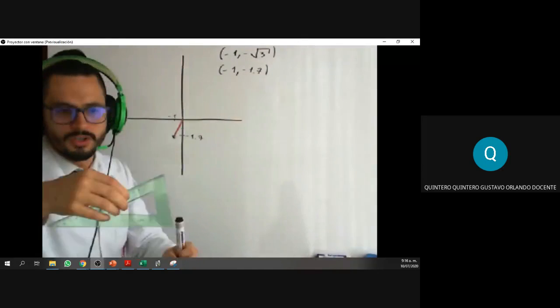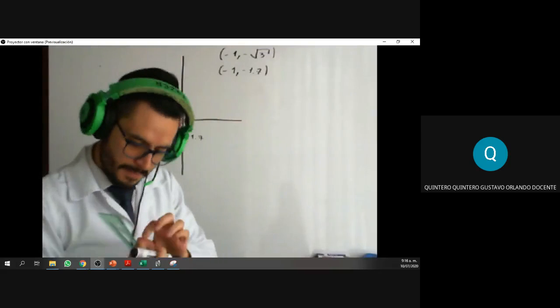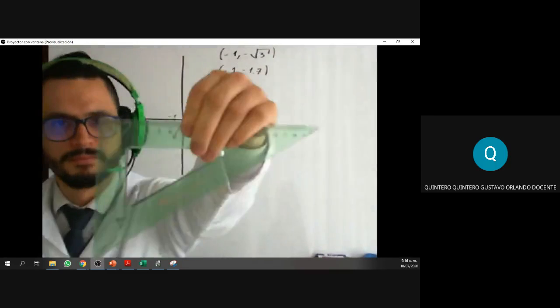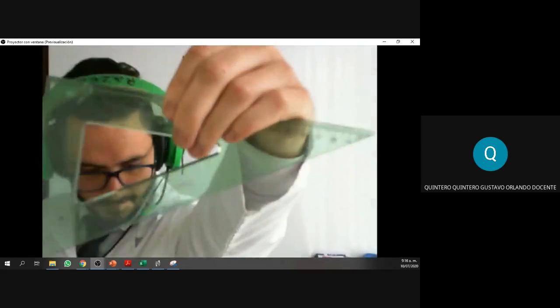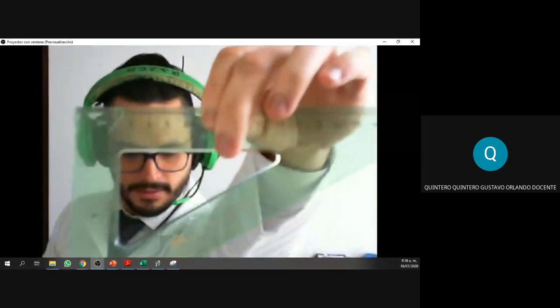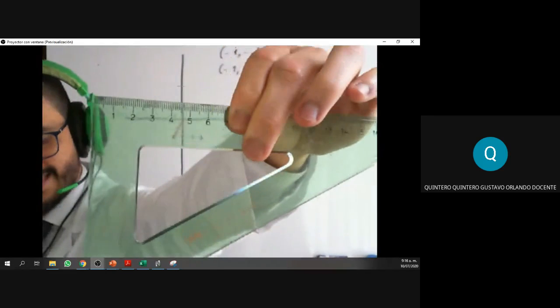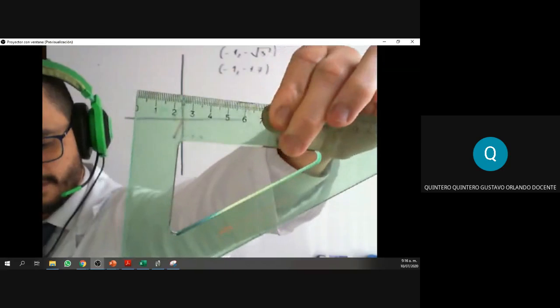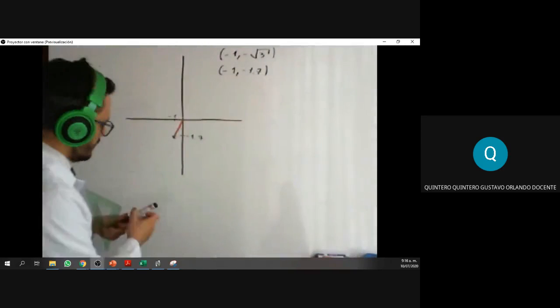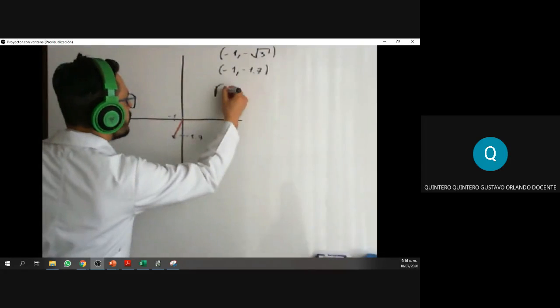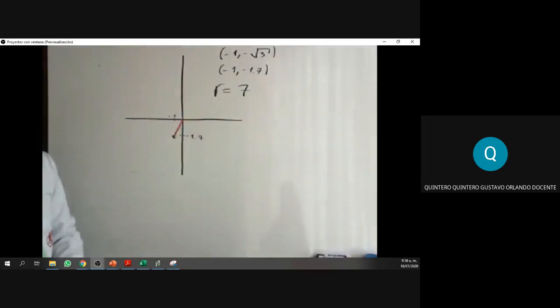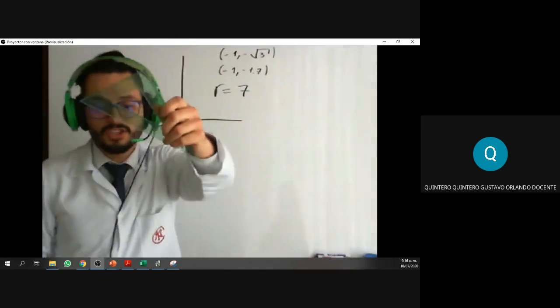I'm going to show it to you here. I don't know if you guys can see it or not. Bigger than 6. I got 7 centimeters right there. To me, R equals 7, because I just used a ruler.